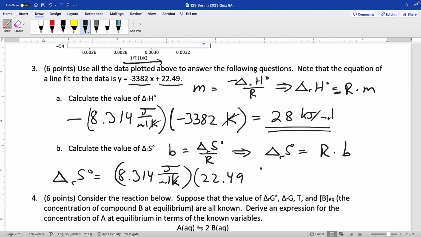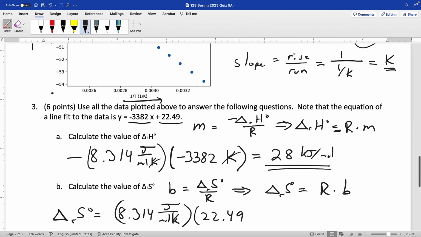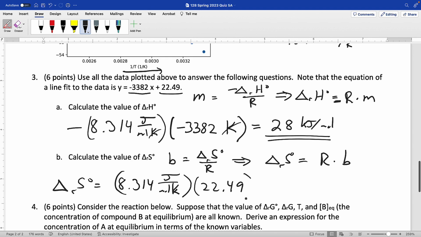And we have to figure out what the units are for the y-intercept. Well, the y-intercept units are the same as the units for y. And because this is a log function, we know that it's going to be unitless. So our units for the y-intercept and for R are going to be the same units. And we can see those are entropy units, right? Because we've got joules per Kelvin for those units.